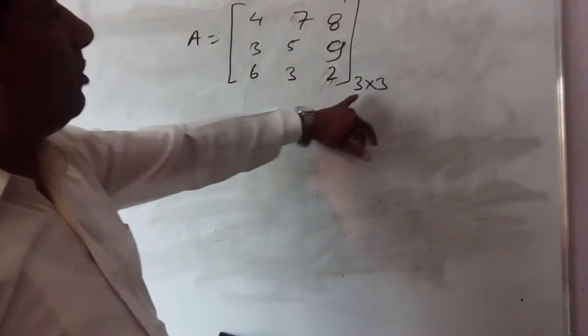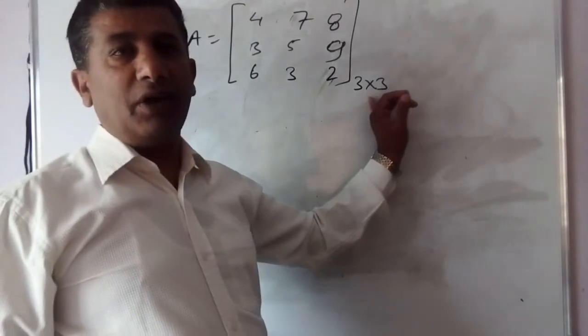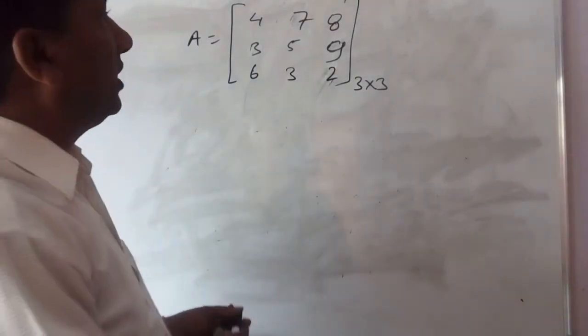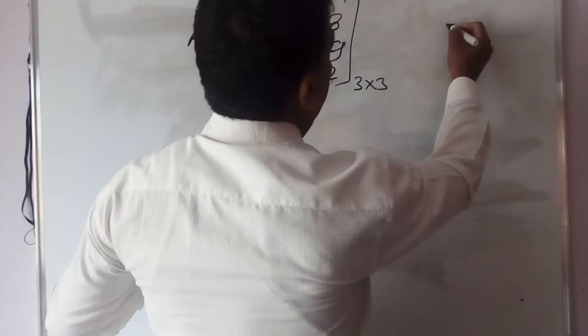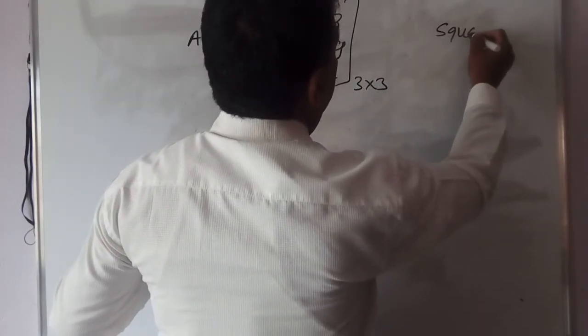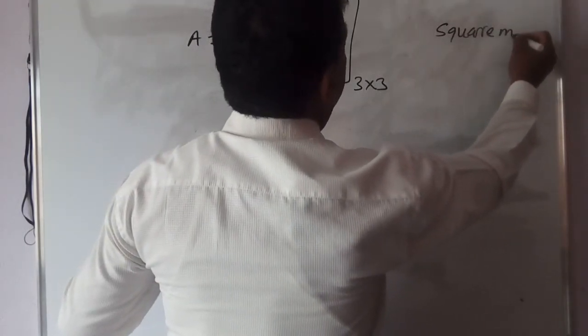Its number of rows and number of columns are equal. This one is a square matrix.